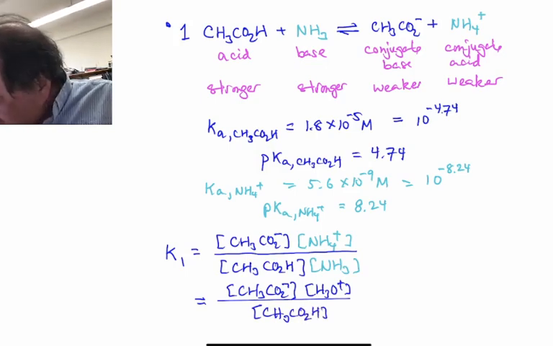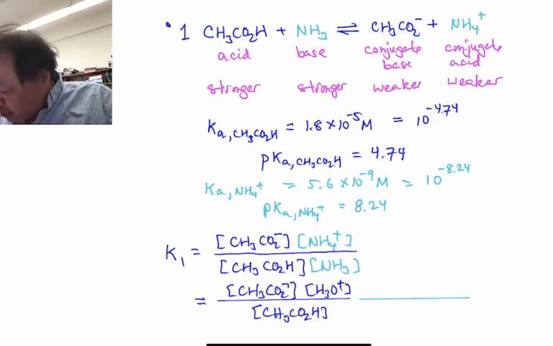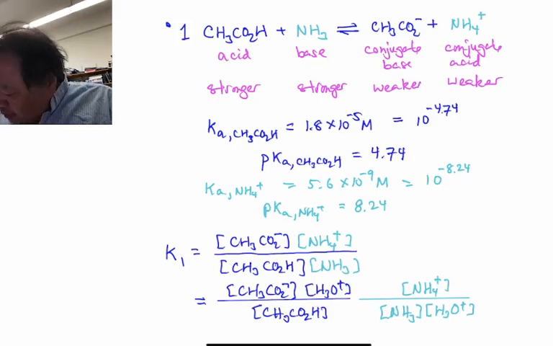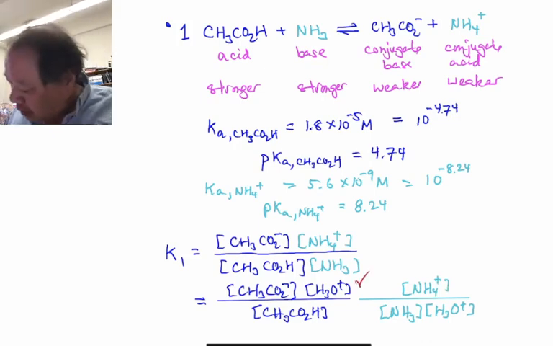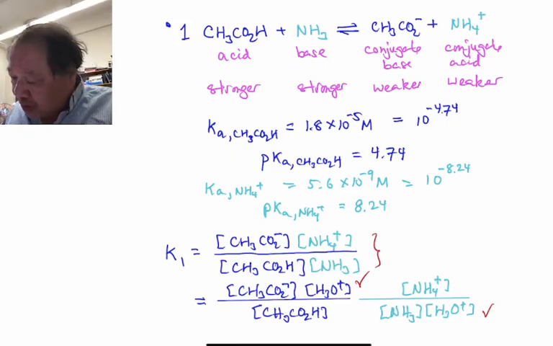If I add the H3O plus to the numerator, I must now also add it to the denominator. So I'll do that here. This is good because there's an H3O plus in the numerator that's added and one in the denominator that's added, so it's still equal to this expression right here.